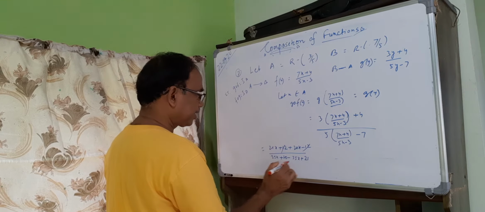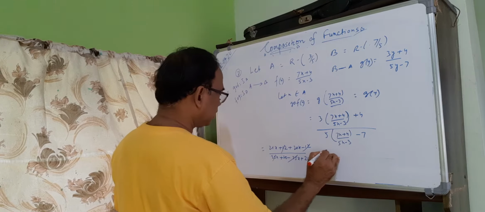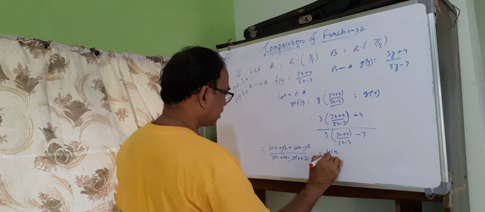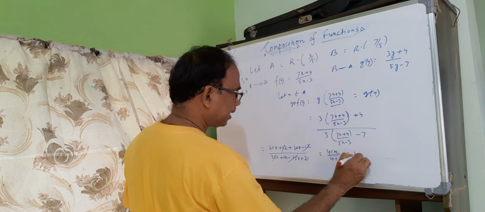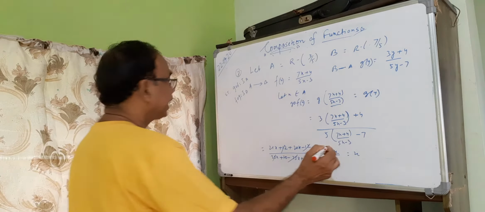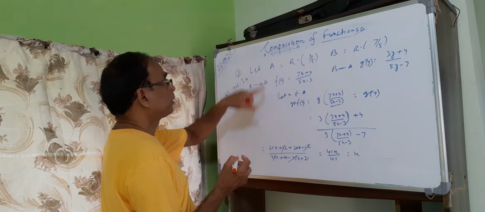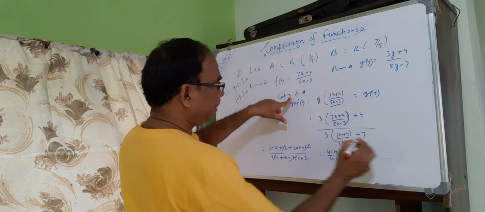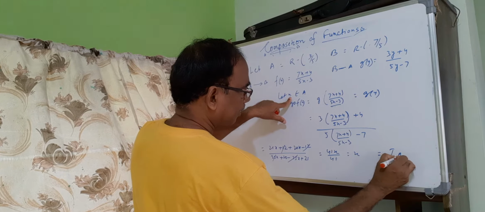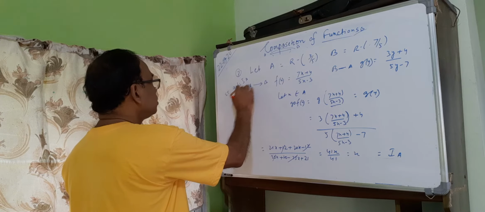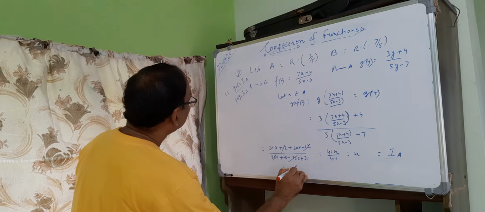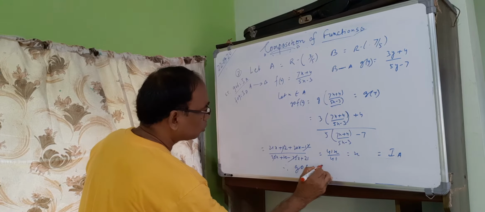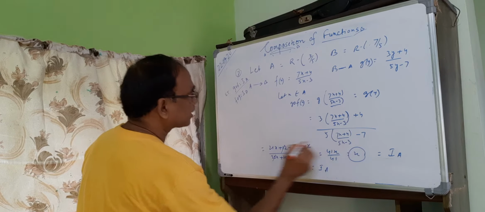This and this cancel, this and this cancel, that is 41x by 41, that is x. So we got x, which means I_A, it is A to A. Therefore g of f equals I_A.